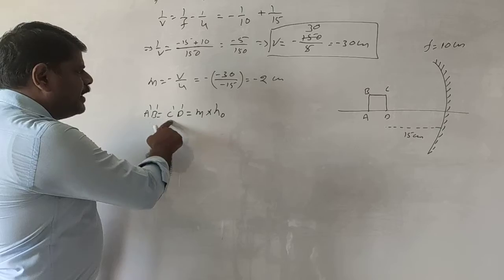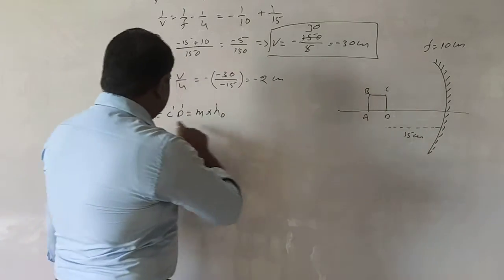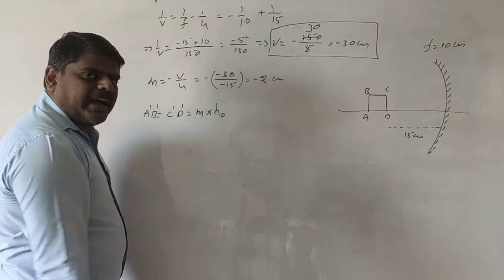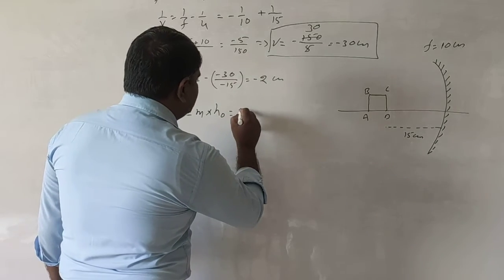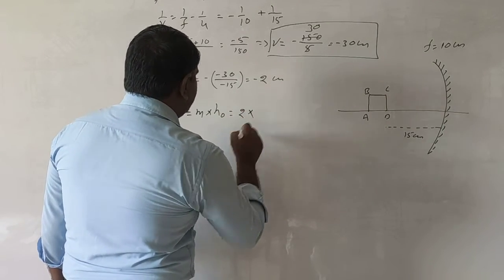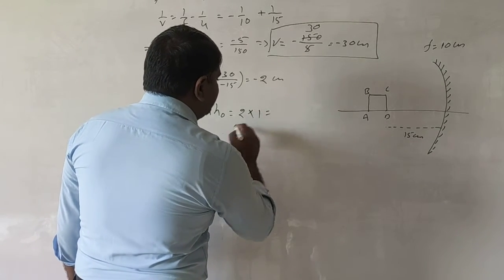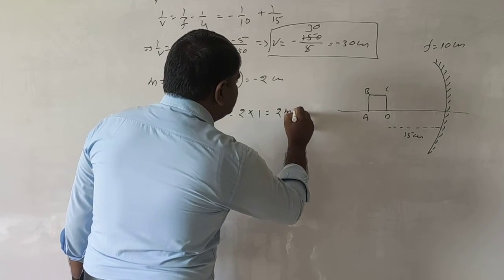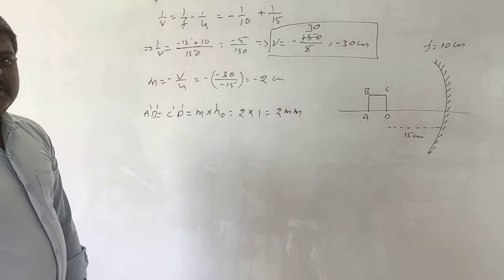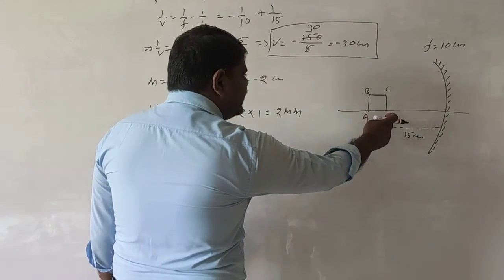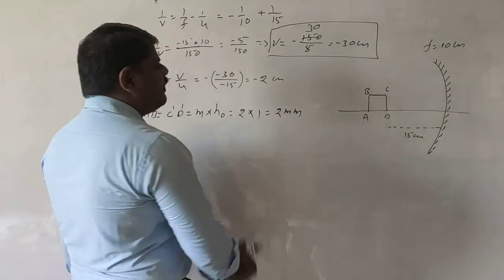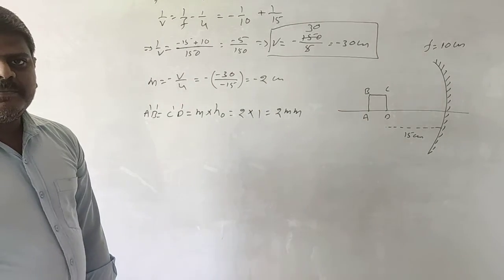This is the height of the image because both are the same size. So height of the image is equal to magnification into height of the object, that is 2 into height of the object. Height of the object, how much is it given? 1 millimeter. That is 2 into 1. How much do I get? 2 millimeters. That means the height of the image, C dash D dash and B dash A dash, both are equal to 2 millimeters that we have calculated.